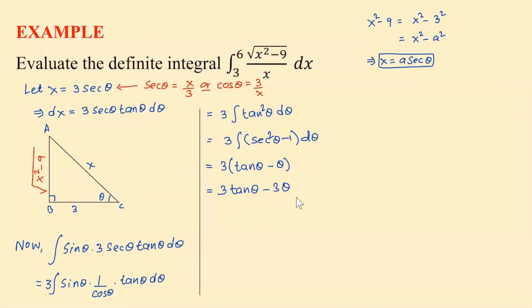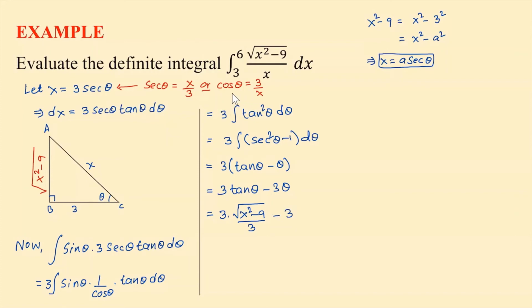Now we have to change this back in terms of x, because the problem is given in terms of x. That is equal to 3 times tangent theta. Tangent is opposite over adjacent, so it will be square root of x squared minus 9 over 3, divided by 3, then minus 3 theta.